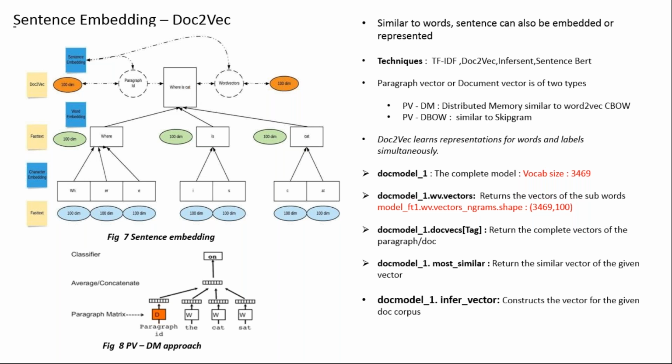Now, what we have done is, starting from the character embedding to the word embedding to the sentence embedding by means of doc2vec, we have got these embeddings, and there are certain functions which we can use in the doc2vec model to access important things. If you want to access the complete model, you use the model name. If you want to access the embeddings for the words, you use .wv.vectors.